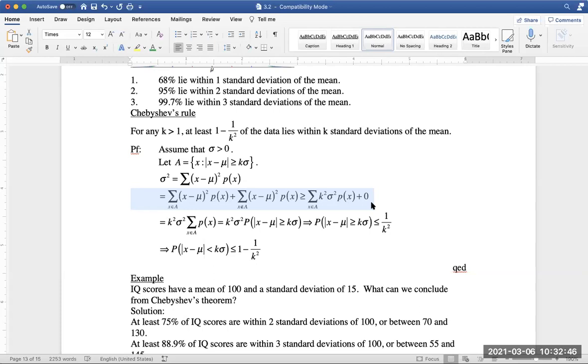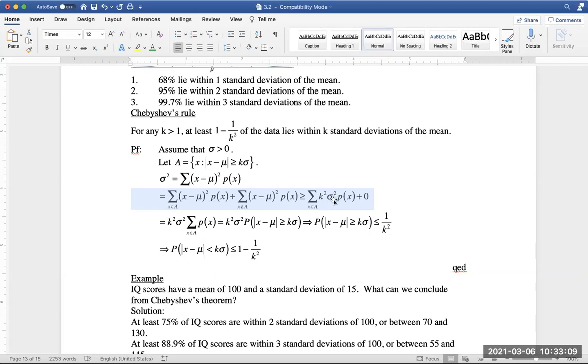So the sum over x in A, and when x is in A, this is greater than or equal to k sigma. So this term is also greater than or equal to the sum over x in A of k squared sigma squared P of x.